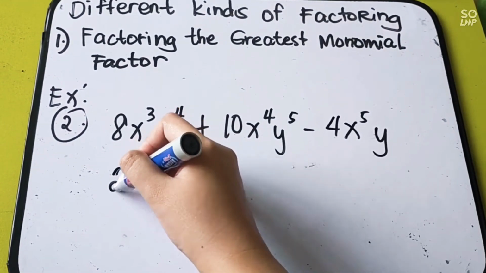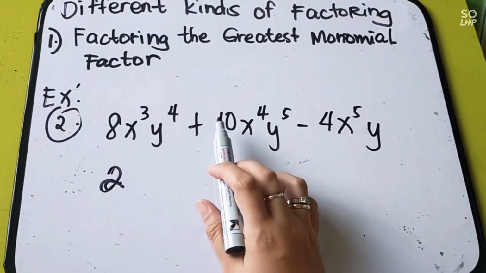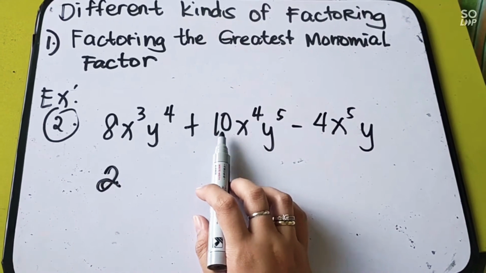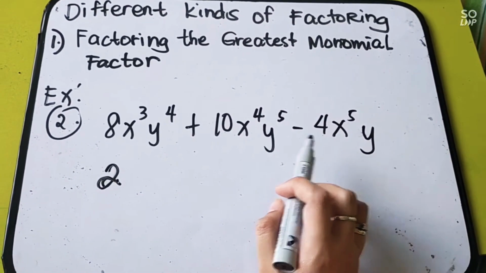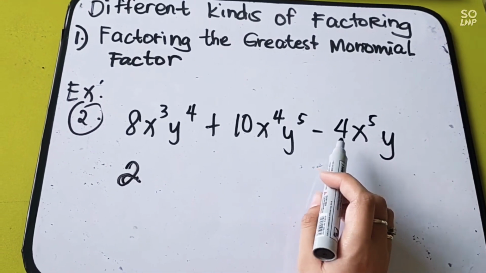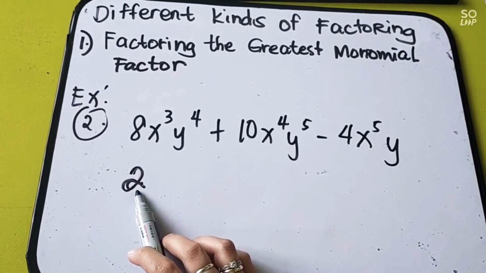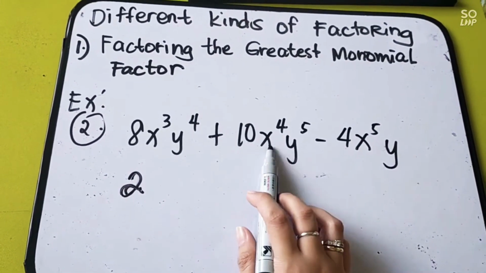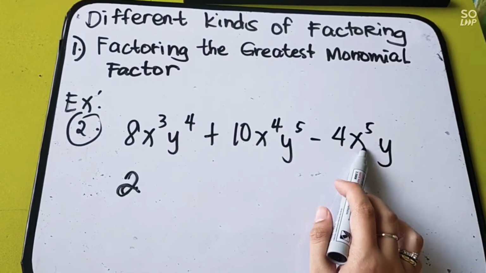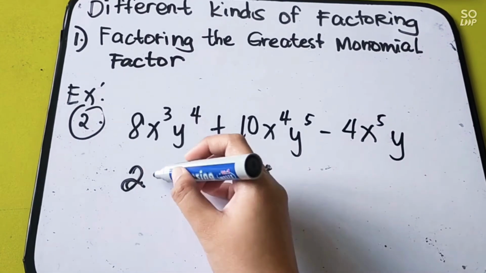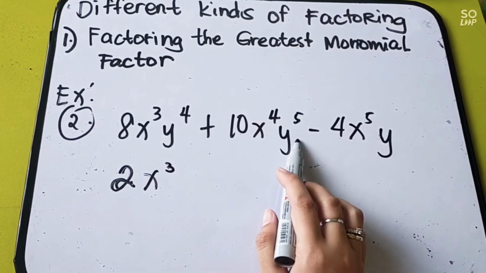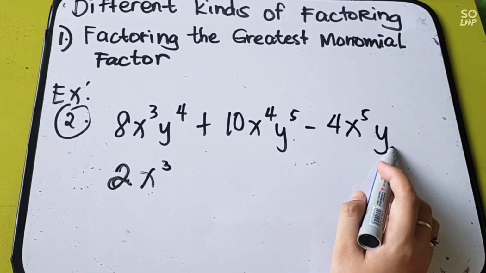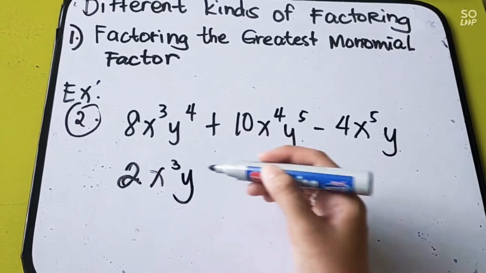Just 2, because 4 cannot divide 10. So, 2 is the greatest common factor of 8, 10, and 4. Next, x cubed, x raised to 4, x raised to 5. Which is lowest? We have x cubed. Next, y raised to 4, y raised to 5, then y. Which is lowest? We have y.